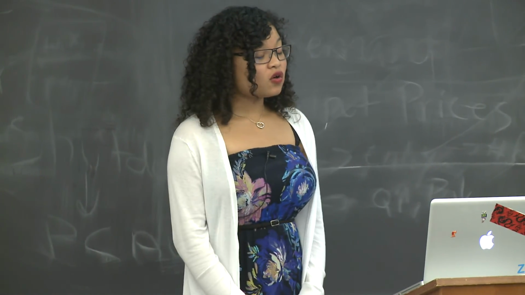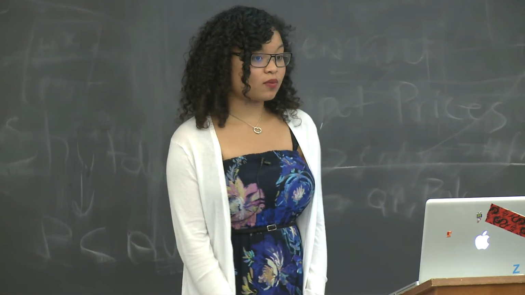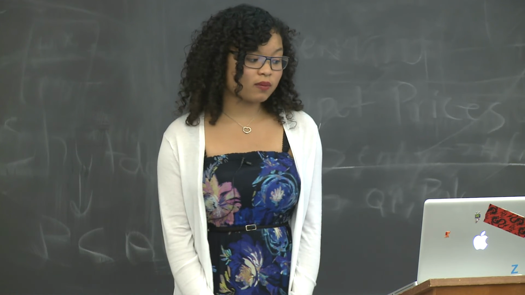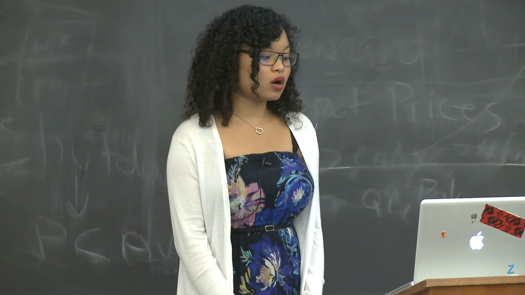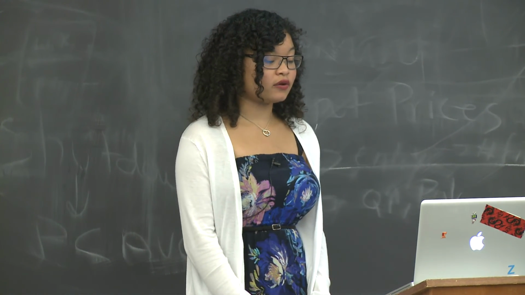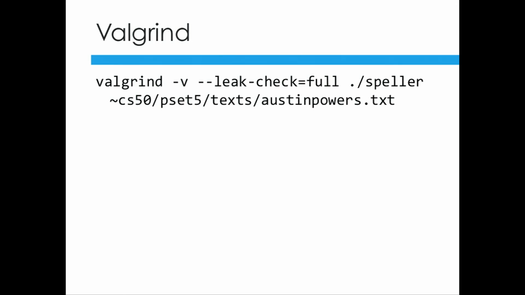Cool. So now that we've gone over unload for the hash table method as well as the trie method, we're going to want to look at Valgrind. Basically, you run Valgrind with the following commands. You have Valgrind, flag -v, checking for all leaks, when you run speller on a certain text, because speller needs to take in a text file.